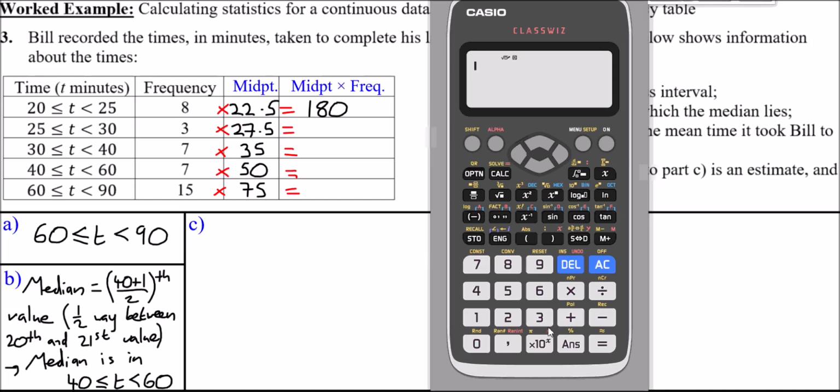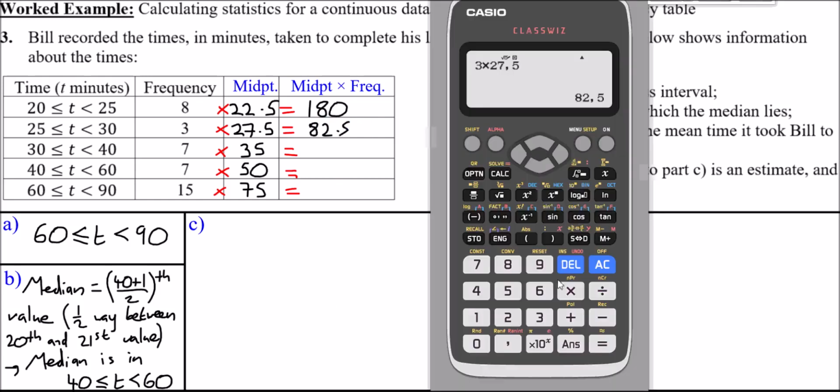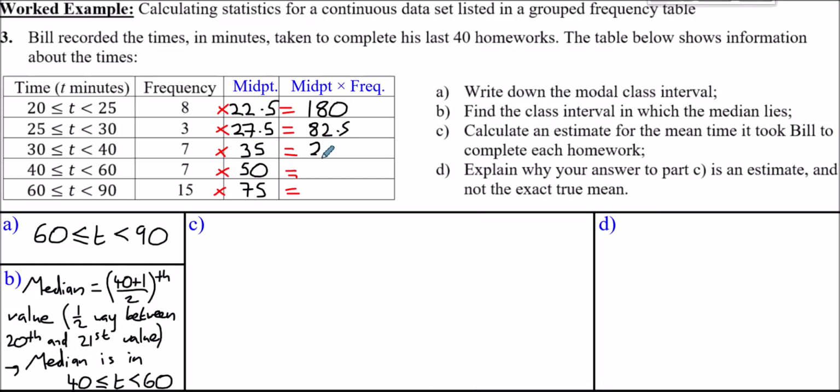So 3 times 27.5 gives us 82.5. Then we need 7 multiplied by 35, so 7 times 35 gives us 245. And just for speed, I'm going to do these because I've worked these out already, although I can work out 7 times 50. 7 times 50 is 350. 15 times 75 you should find is 1125.